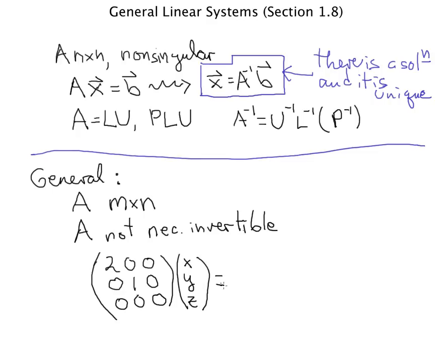And let's say we wanted to solve this equal to 4, 4, 0. Well, we haven't, strictly speaking, really discussed this kind of example because this is not an invertible matrix, this 0 here.